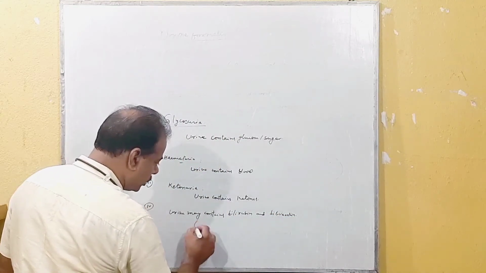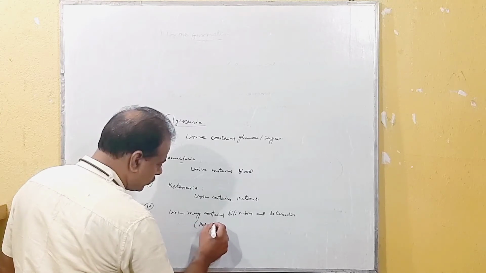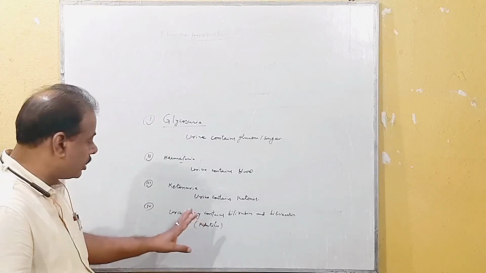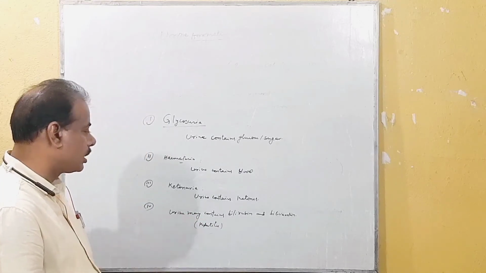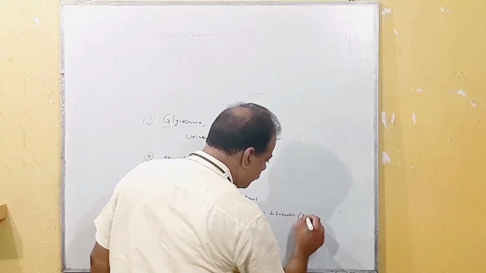In case of hepatitis, which is also known as jaundice, urine may contain bilirubin and biliverdin. These are the two yellow pigments.